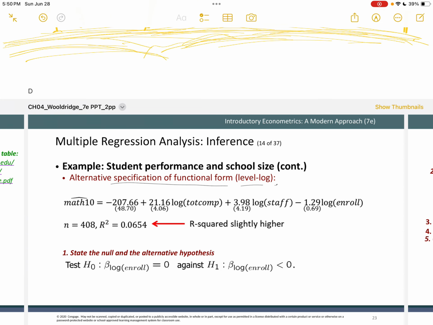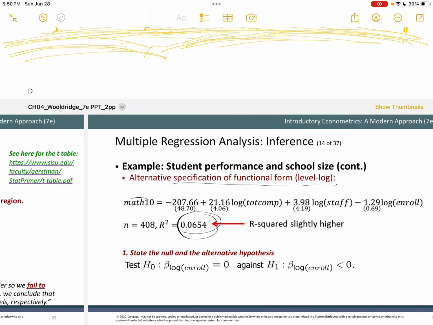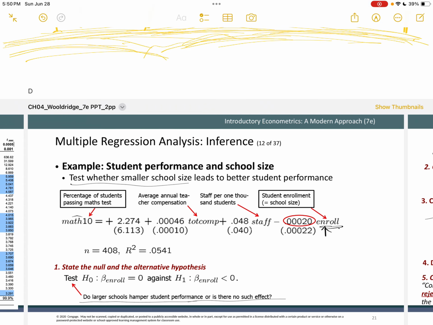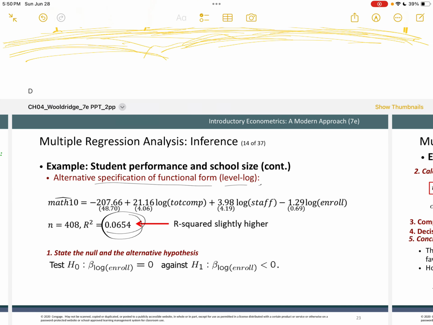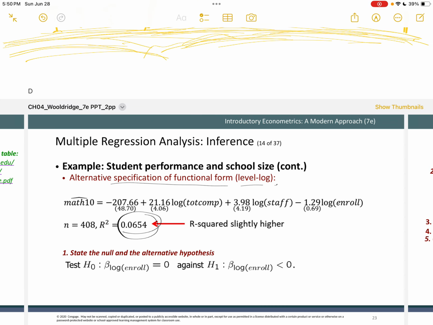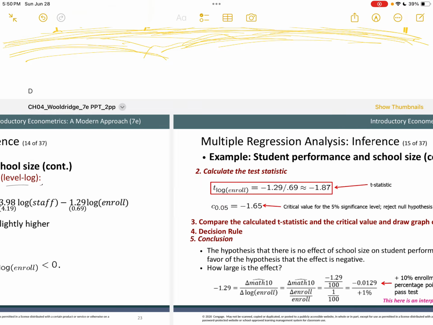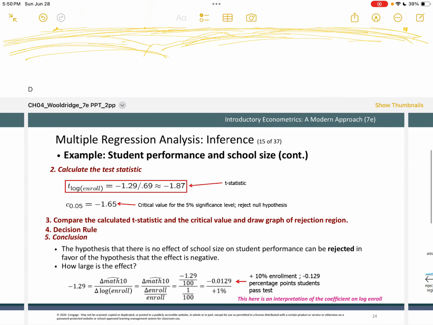When we use a different specification on functional form, level-log here instead of level-level earlier on, does that change anything? Well, the R squared is slightly larger, 0.065, so about 6.5%. What was it before? It was 5.4% earlier on.